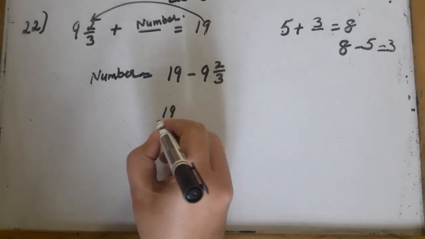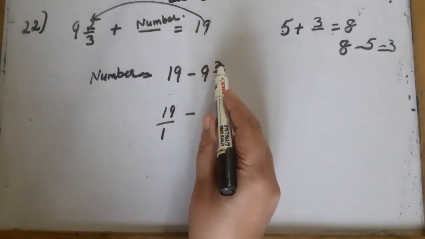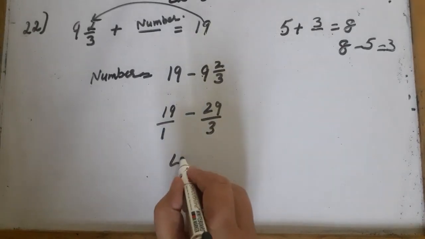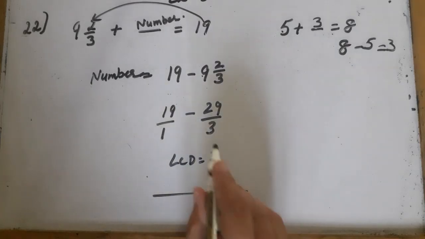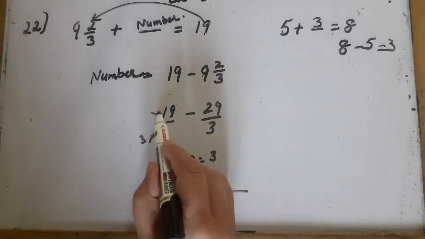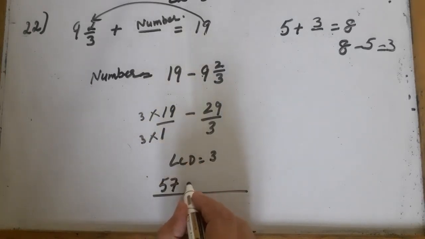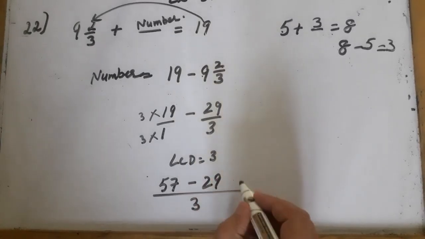Okay, so 19 upon 1, this becomes a fraction. 3 9s are 27, plus 2, 29/3. So my LCD will be 3. I'll convert the denominators to 3. 19 3s are 57. Minus 29, which will remain the same as the denominator is 3 only.